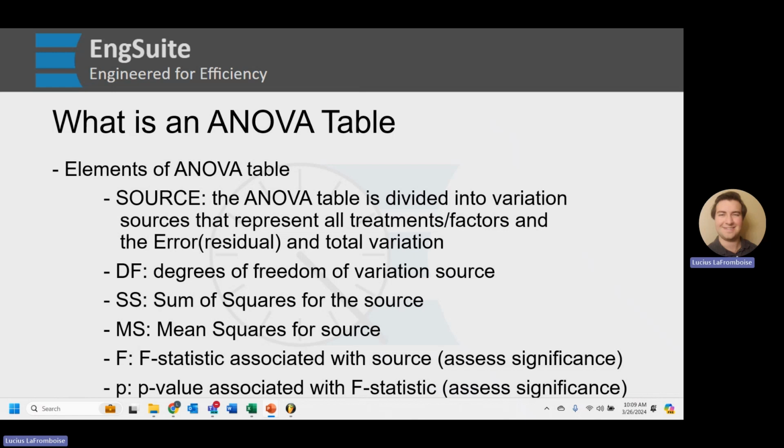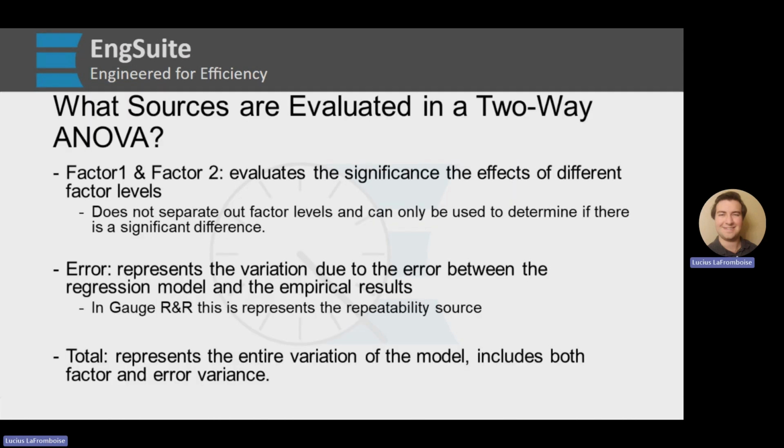Interestingly, the error is called the repeatability measure in a gauge R&R. So each of these variation sources have an associated degrees of freedom, sum squares, mean squares, and then F and P values. And the F and P value are used to assess significance of the effect.